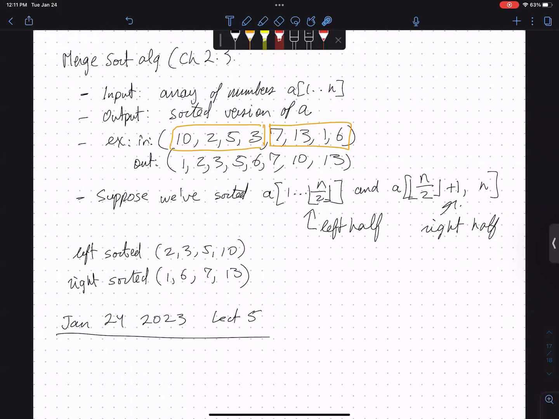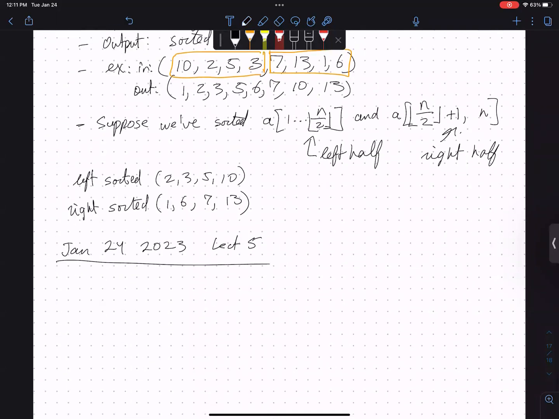All right. Now, where do we go from here? The next step is: how do you combine these two sorted subarrays into one merged list?